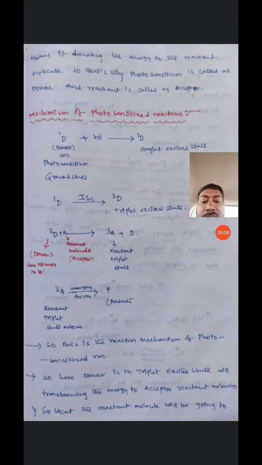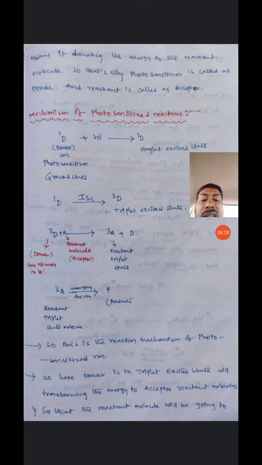In the next step, D3, the donor, gives the energy to A. Here A is the reactant molecule, that's nothing but the acceptor.